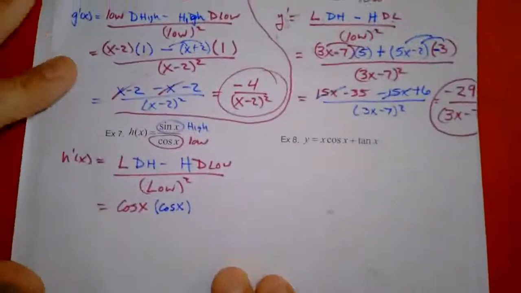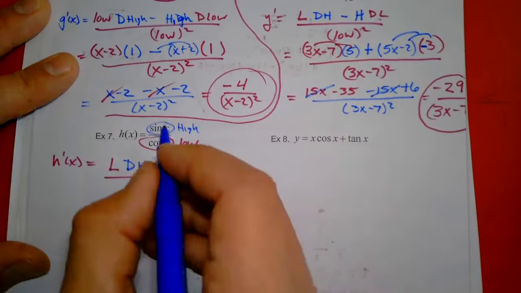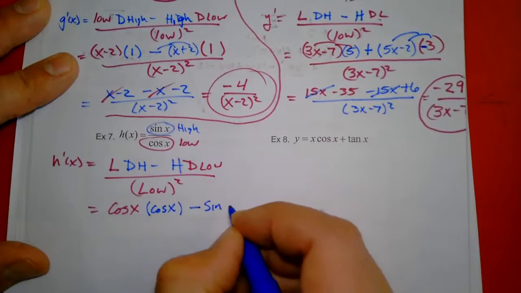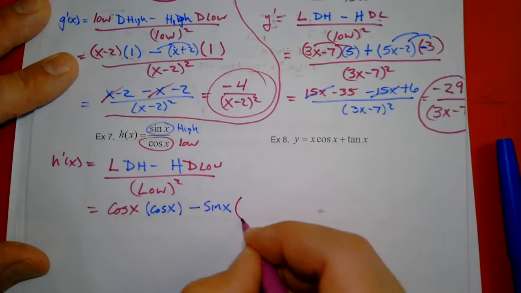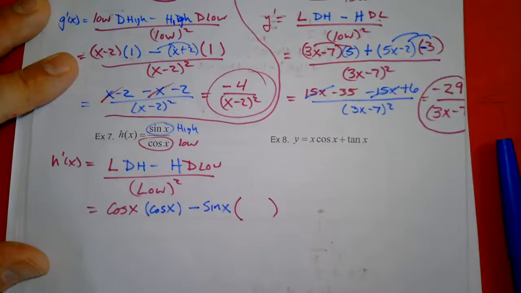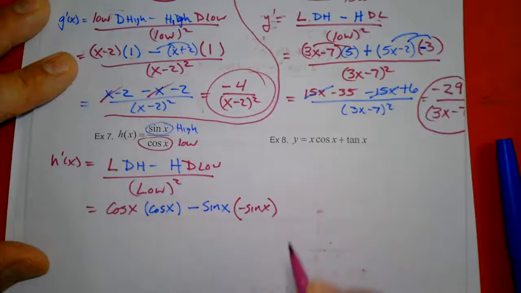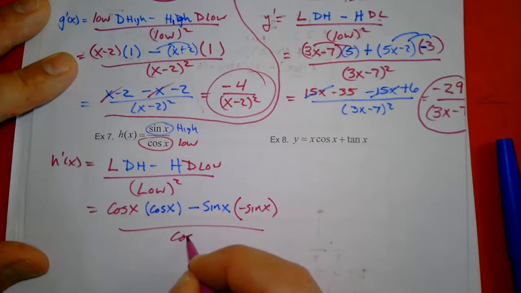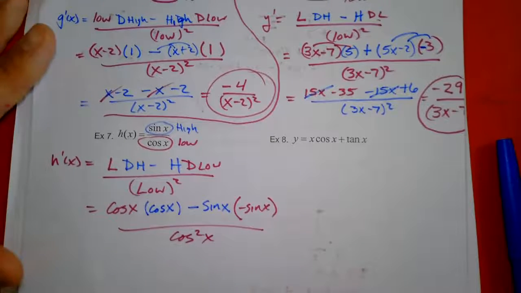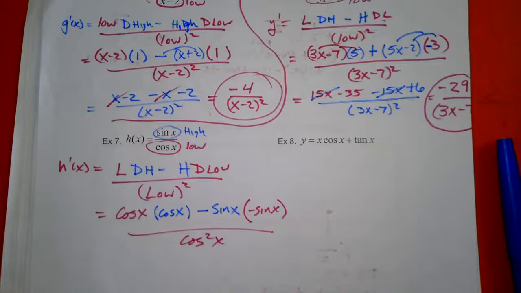So now I do minus the high one, the sine of x, and then times the derivative of the low one. What's the derivative of cosine of x? Negative sine of x. So far, so good. And then over low squared, cosine squared. Cosine of x times cosine of x is cosine squared of x.